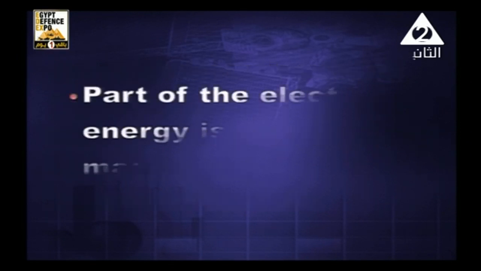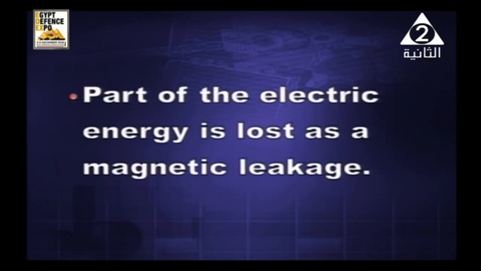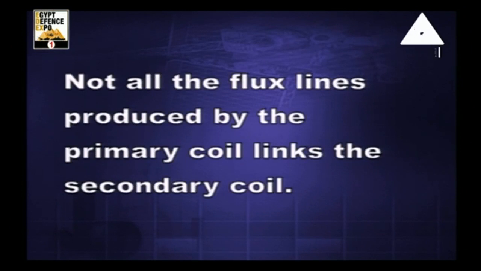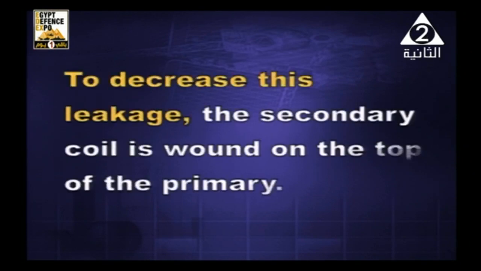And finally, part of the electric energy is lost as magnetic leakage. As a matter of fact, not all the flux lines produced by the primary coil link the secondary coil. To reduce this leakage, the secondary coil is wound on the top of the primary.